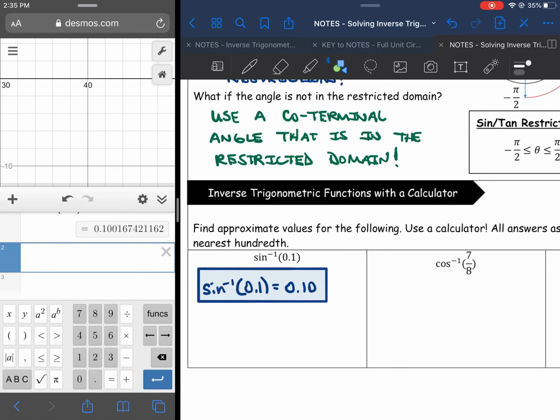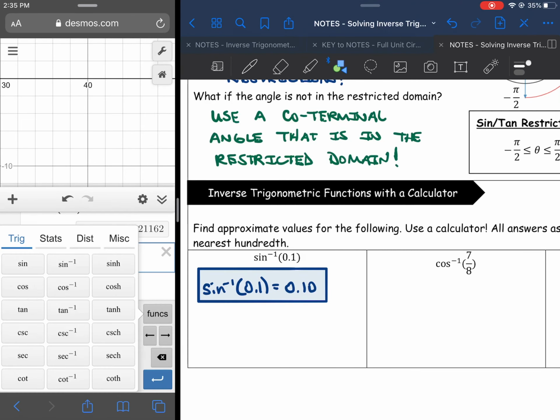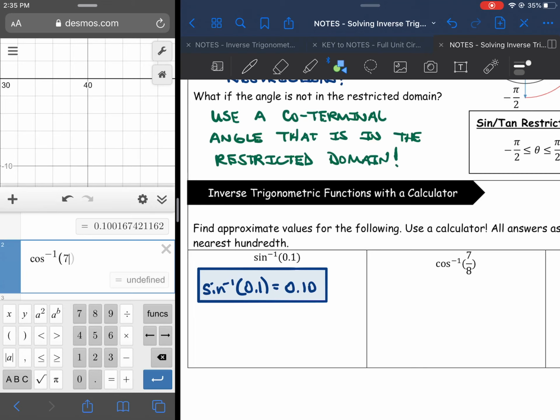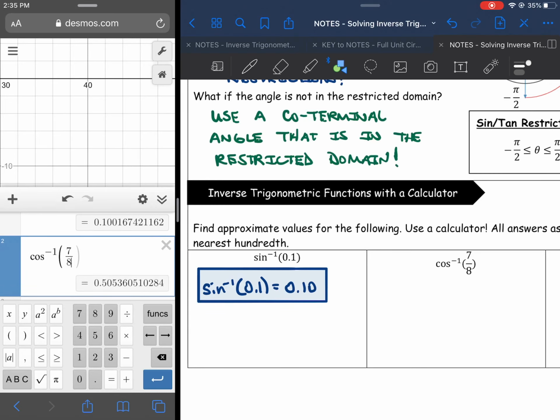Again, in Desmos, we're already set to radians. Let's do inverse cosine, 7 divided by 8. And that's going to give us, if we round to the nearest hundredth, 2 decimal places, 0.51. So the inverse cosine of 7/8 is 0.51.